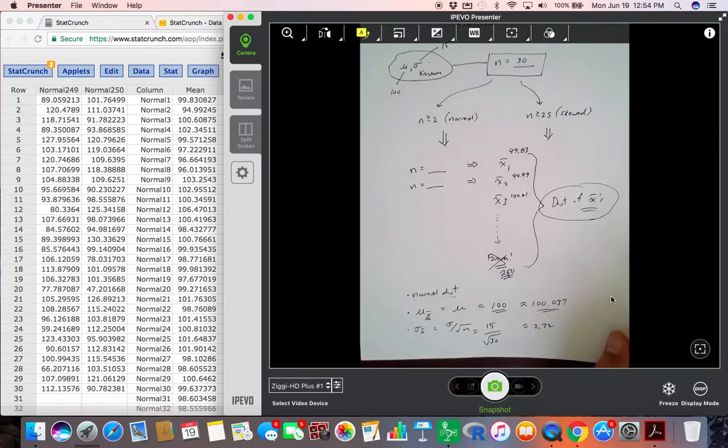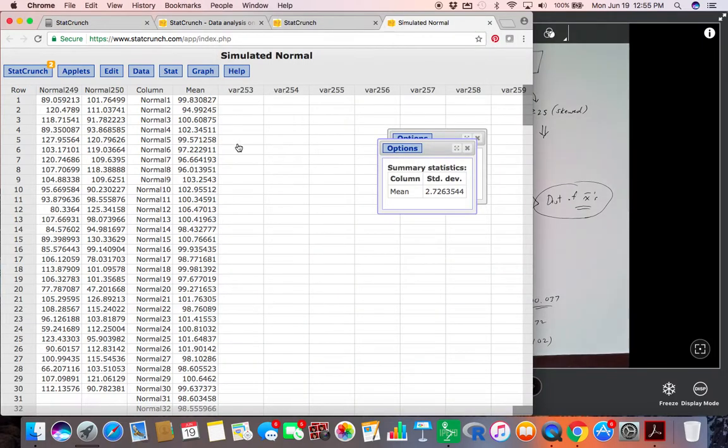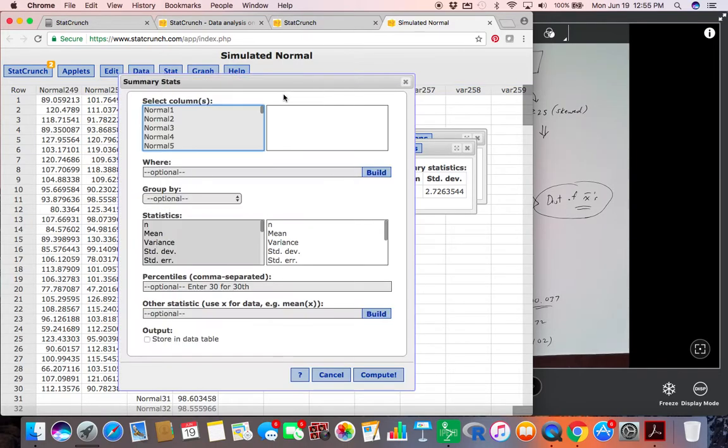So if we were going to look at, from this demonstration, the probability that a sample mean was greater than 102, for example, we could go through here and say, well, there's 1, there's 2. In fact, I wonder if I can group from low to high. I wonder how you do that.